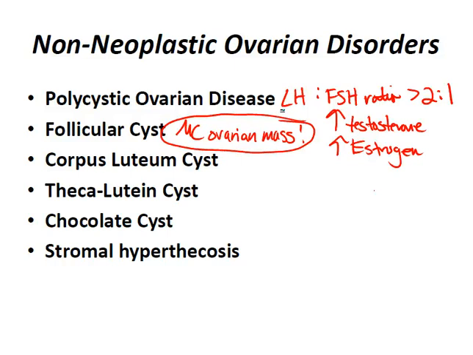So what about the corpus luteum cyst? Well, this is fluid, for example blood, which accumulates in the corpus luteum during pregnancy. This is the most common ovarian mass during pregnancy.